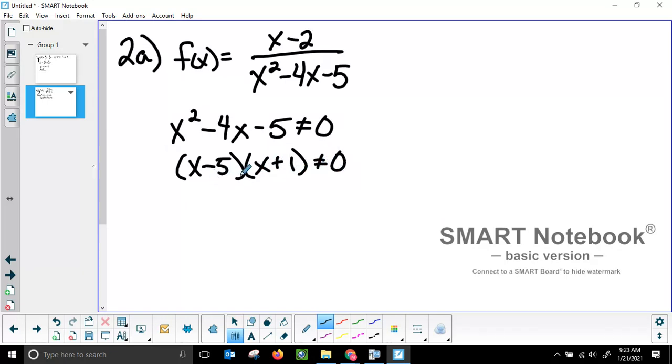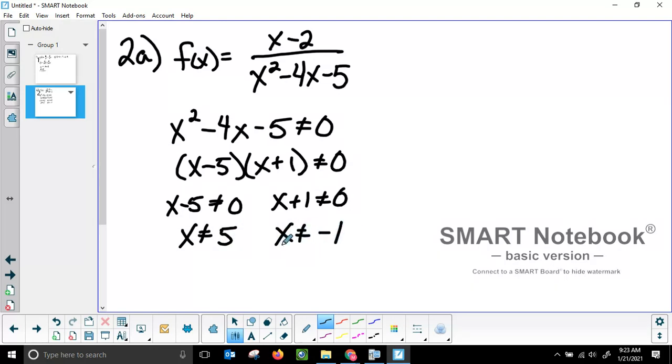Whenever we have two things set equal to, or in this case not equal to 0, we can do each one. So x minus 5 cannot be 0, and x plus 1 cannot be 0. So x is not allowed to be 5, and x is not allowed to be -1.